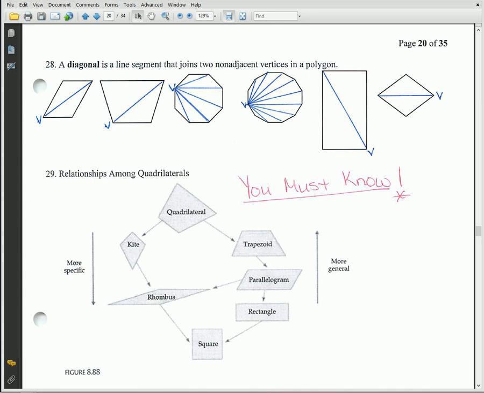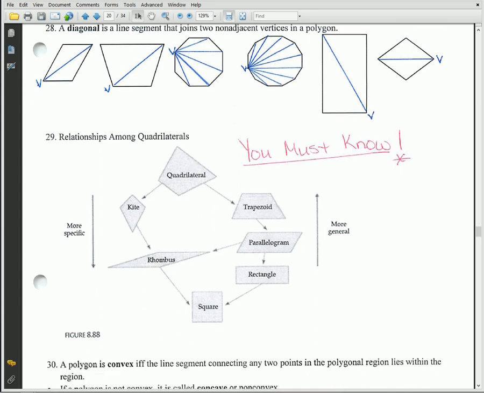And so notice that I have n minus 3 diagonals, n being the number of sides, minus 3 because I don't include the point that I'm starting at or the two adjacent points. So it's n minus 3. So if I have a decagon, which has 10 sides, then I would have 7 diagonals.